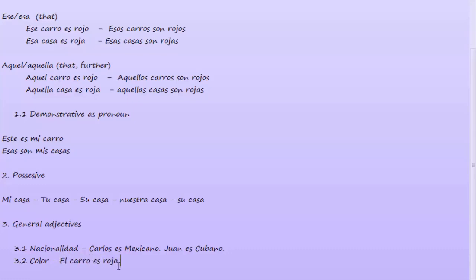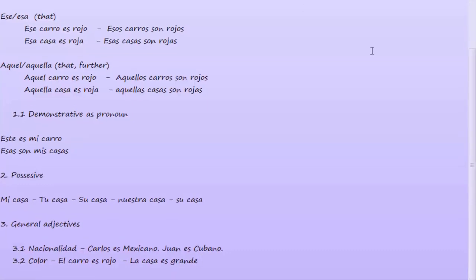Again, now I'm talking about rojo. It's an adjective, it's a general adjective. La casa es grande. Okay. So we'll have a lot of general adjectives. We are going to introduce new adjectives in the future during the course.